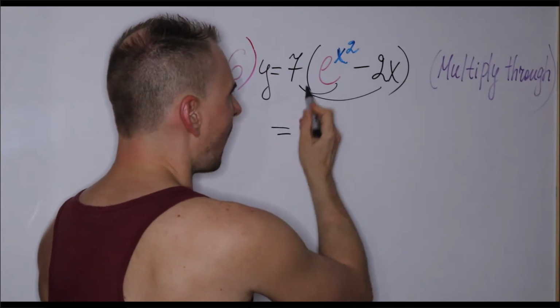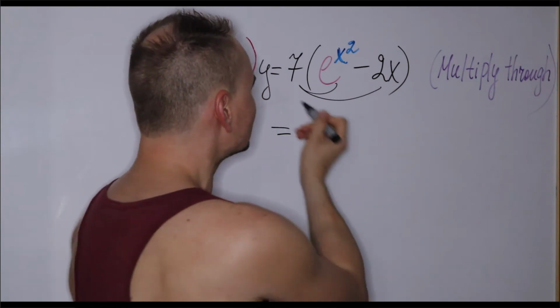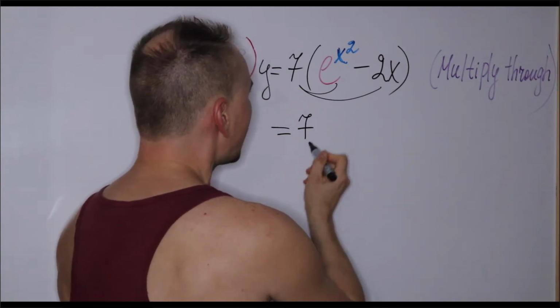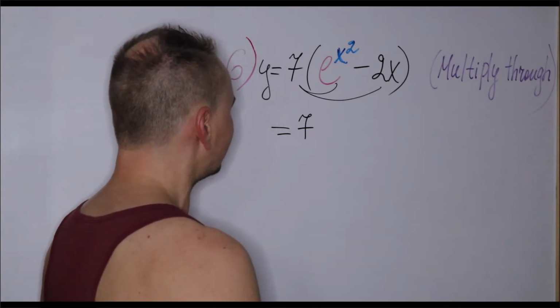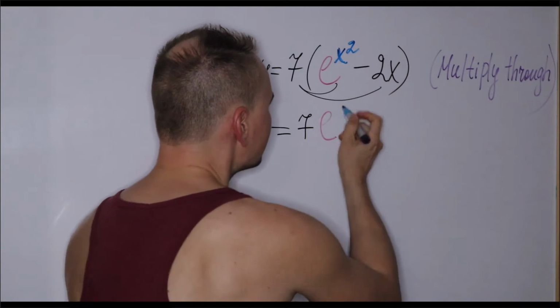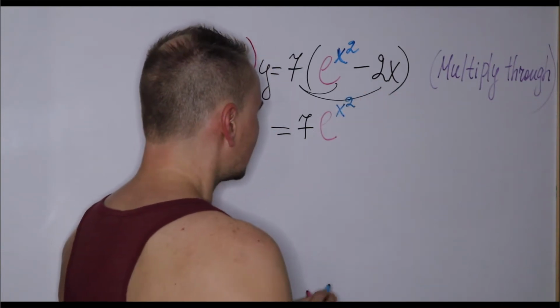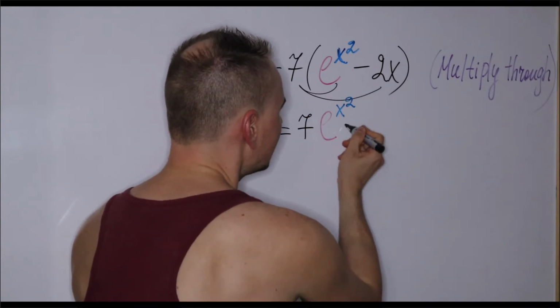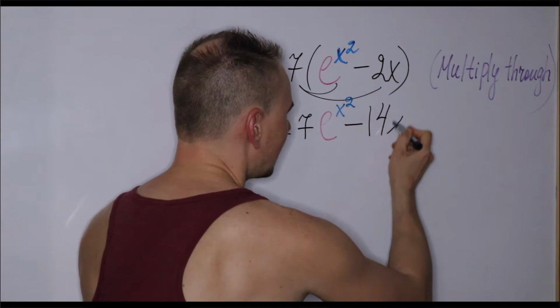So remember, when you get rid of the parentheses, you take the 7 and you multiply by both terms inside the parentheses. So it becomes 7 times e to the x squared power minus, you want to keep the subtraction sign, 7 times 2, you are left with 14x.